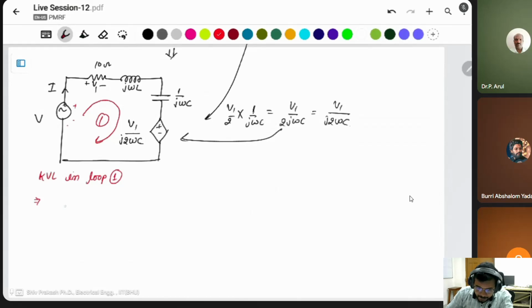This will be V, then minus V plus this is V1, plus I into j omega L, plus I into 1 upon j omega C, plus this voltage V1 divided by j 2 omega C, is equal to 0.